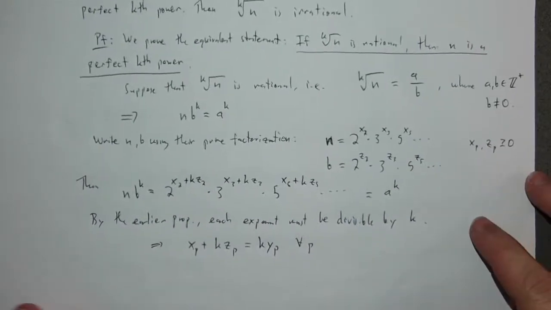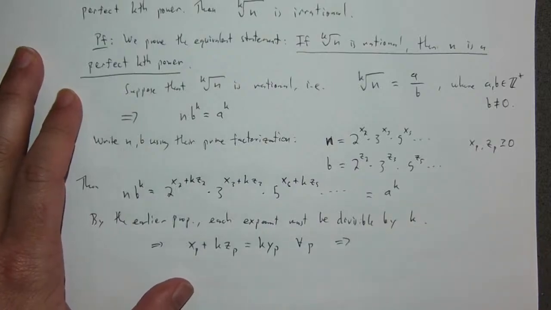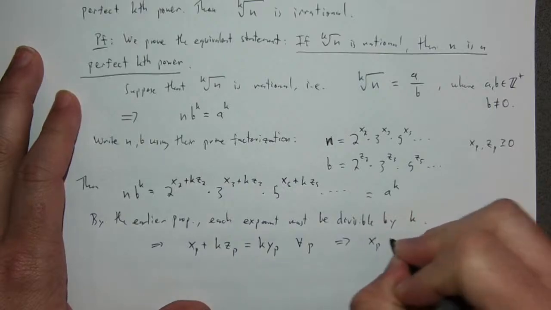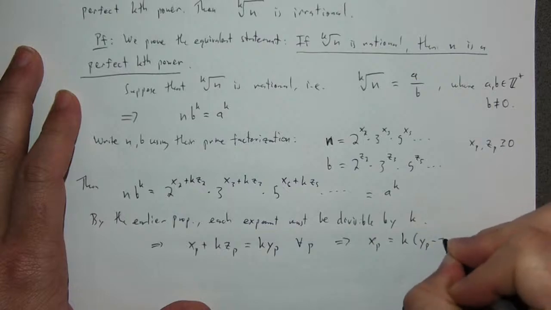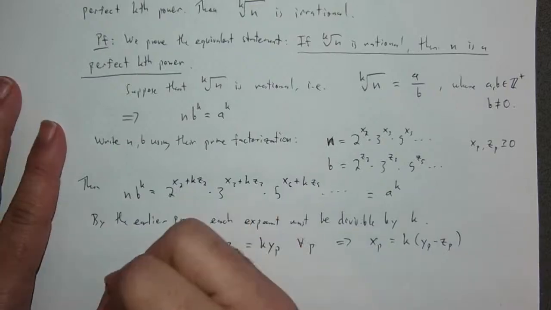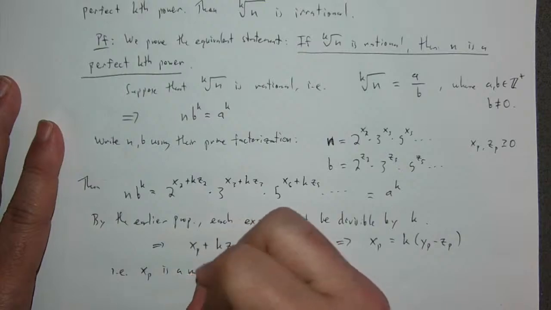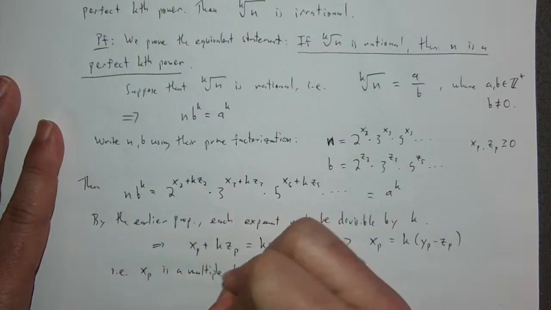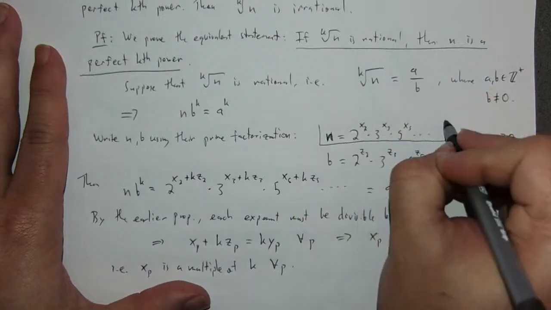Okay. Well, what's that mean? So this means I could actually subtract k times z sub p from both sides. So what I get is that x sub p is equal to k times y sub p minus z sub p, i.e. x sub p is a multiple of k for all p. But x sub p, those are just the exponents in n.